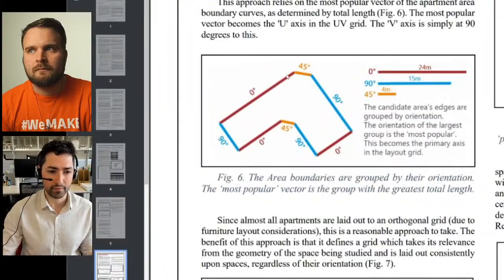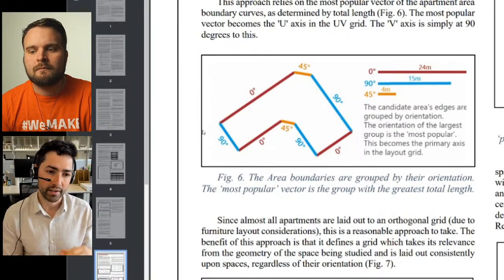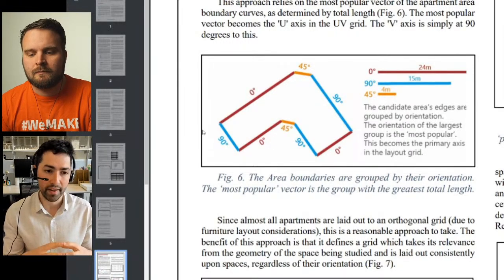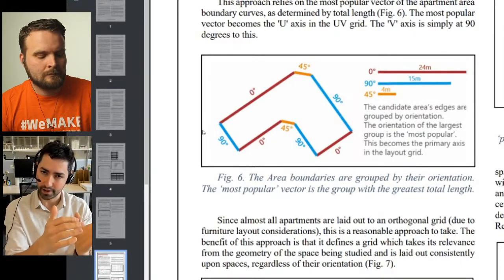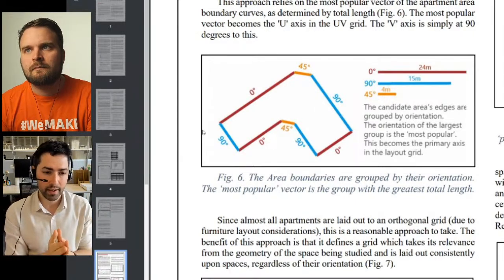To do that, I came up with a pretty rapid approach, which I call the dominant vector or most popular vector. Effectively, if I've got an L-shaped apartment here, I can read the boundary edges of the space using Revit's API, and I can group them together by their orientation. It doesn't really matter how it's oriented, it'll give a consistent output regardless of how you rotate that shape.